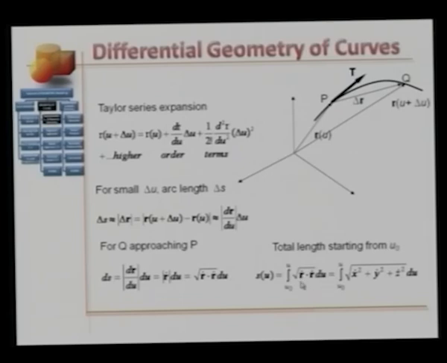And if r is expressed in terms of scalar functions x of u, y of u, z of u, then r dot will be x dot of u times i plus y dot of u times j plus z dot of u times k. R dot dotted with r dot is given by x dot squared plus y dot squared plus z dot squared within the radical sign, times du. So this integration can be computed to get the overall arc length.